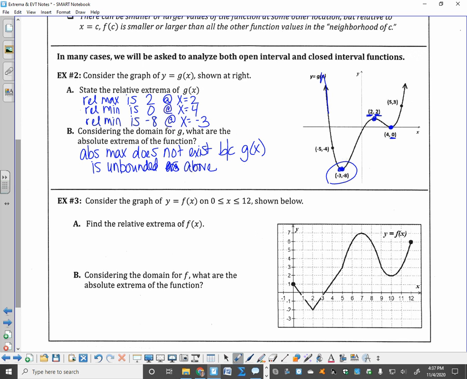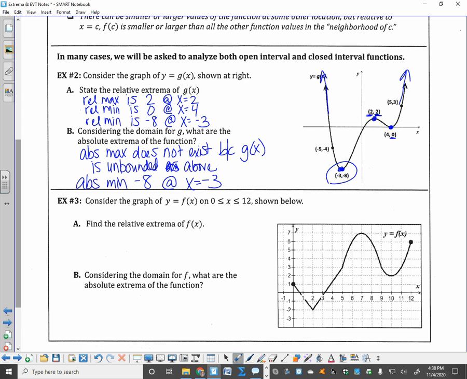It never stops, it keeps going up. However, I have an absolute min, which is -8, and that occurs at x equals -3. And that is because g of x is bounded below. Now, you don't have to say that because it's implied. So process, digest, make sure you know the difference between a relative and an absolute.